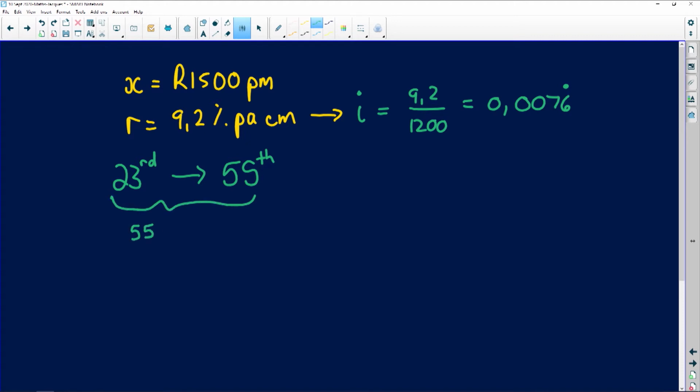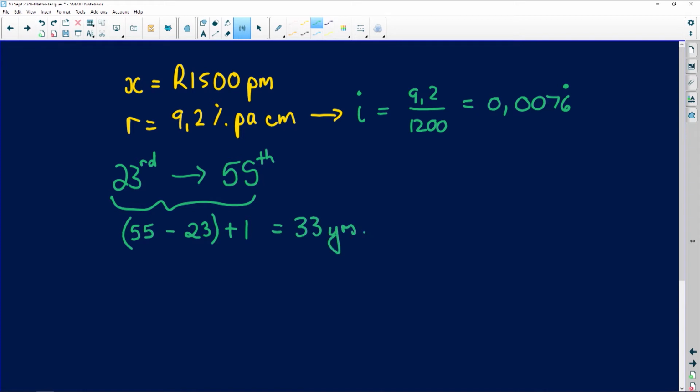It's 55 minus 23 plus that 1. That's the number of years that this annuity was running. From his 23rd year to his 55th year gives us a total of 33 years.